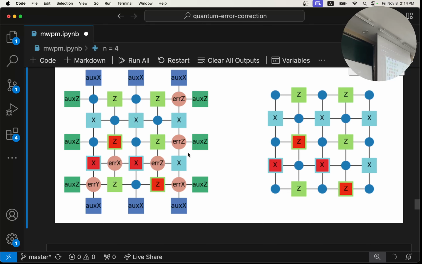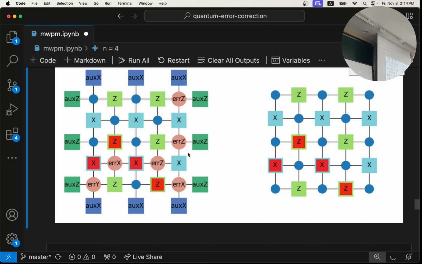But that requires 2 errors on 2 data qubits. That has a lower chance than having 1 Z error on this data qubit, which simultaneously changes the readout of these 2 stabilizer qubits. Right? So your better guess is that 1 Z error occurred instead of 2 Z errors. So you can guess that this is where the Z error occurred.